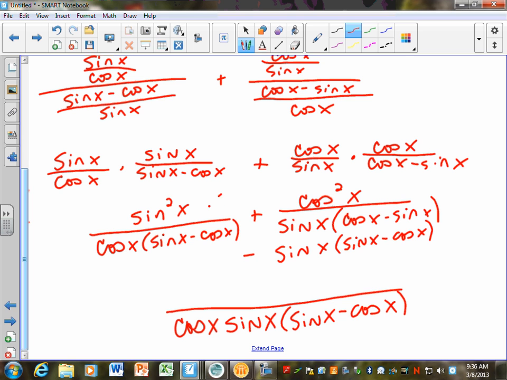So I'm going to multiply this side by sine, and sine times sine squared gives you sine cubed. And over here, I have the sine minus cosine, but I need a cosine. Don't forget we took out that negative, so now it's minus cosine cubed x.